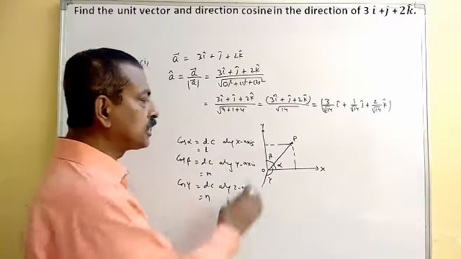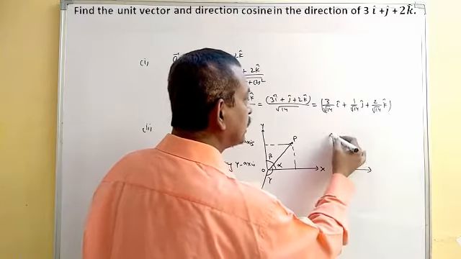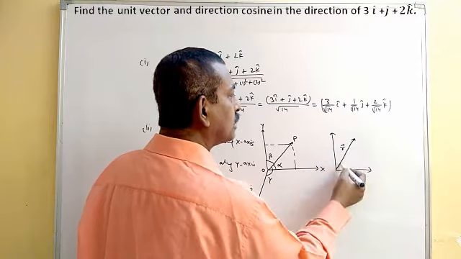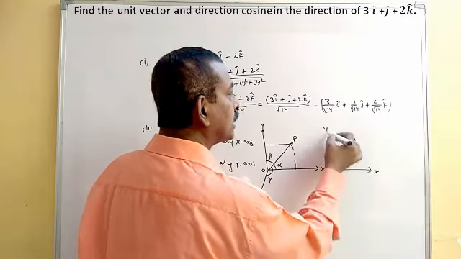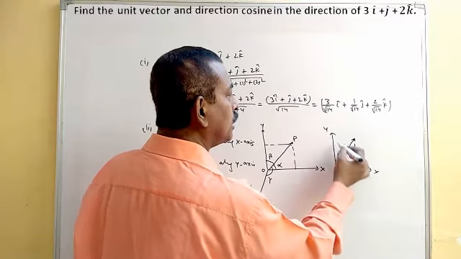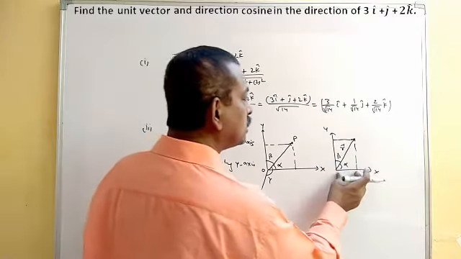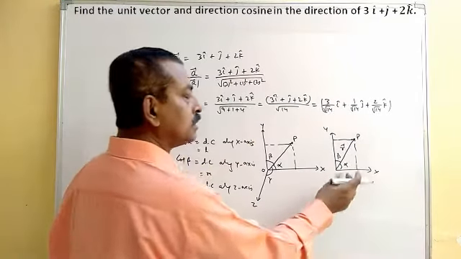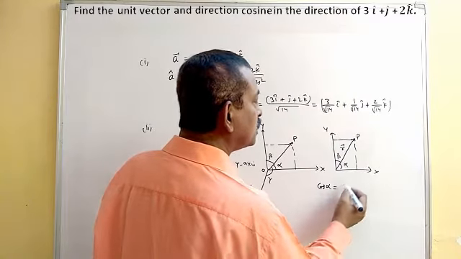Just for two components, suppose x and y, if you just take two components, here if I take this is your r vector, this is your alpha, this is your beta, this is your x, this is y. If you drop the perpendicular, suppose this is the point P. Here, cos alpha will be how much?